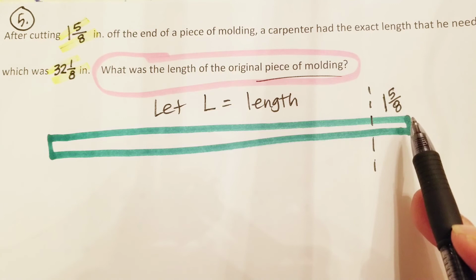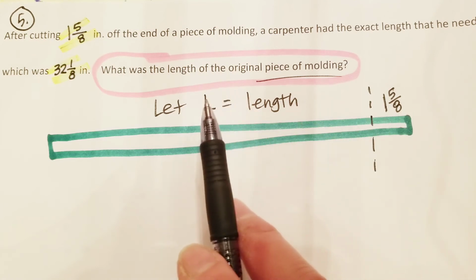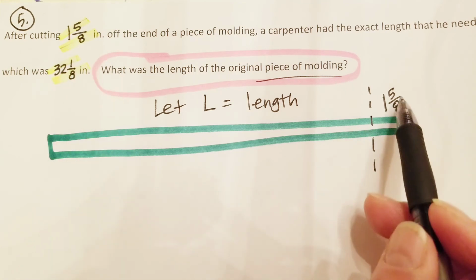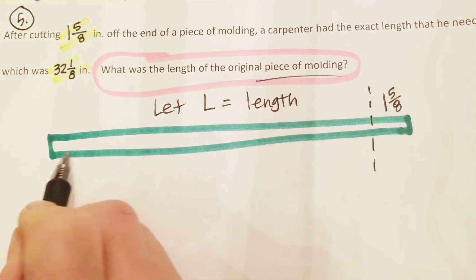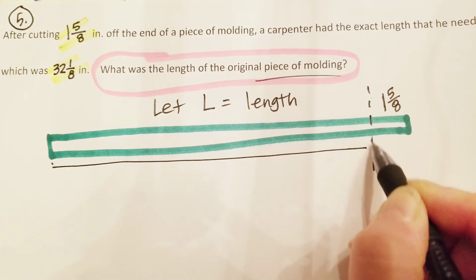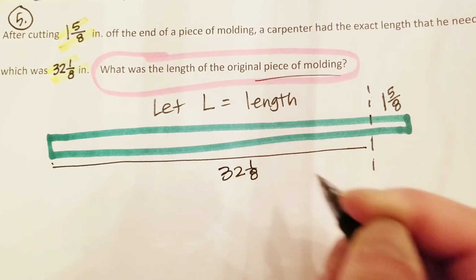And then it goes on to say, after doing that, he had the exact length that he needed, which was 32 1/8 inch. So if this is that 1 5/8, from here to these striated marks will be 32 1/8 inches.